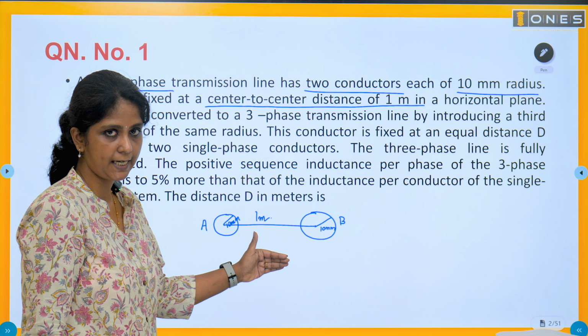Let this be A, let this be B, and let this be C. How is the third conductor fixed? It is fixed at an equal distance d from the two single phase conductors. But this distance is 1 meter. The third conductor is spaced at d meters from the previous two conductors A and B.